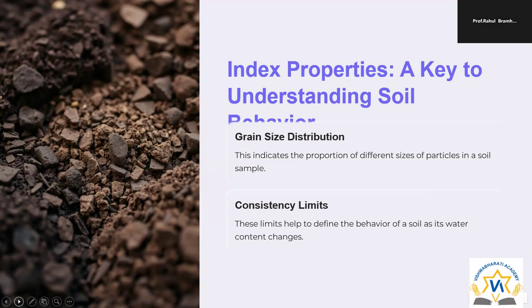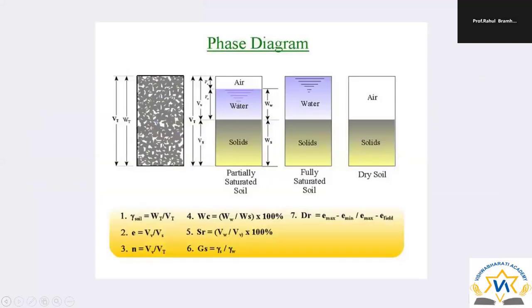With changing water content, a number of limits are formed: first the plastic limit, then the liquid limit and the shrinkage limit. So with the help of index properties we find grain size and consistency limits.